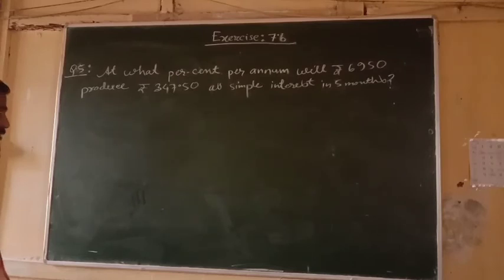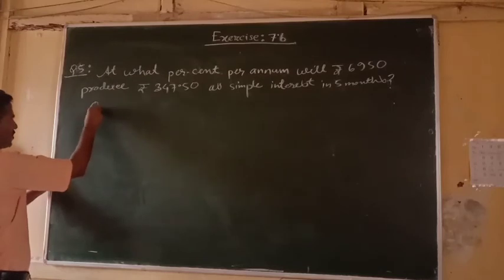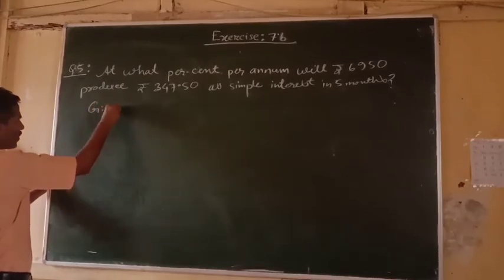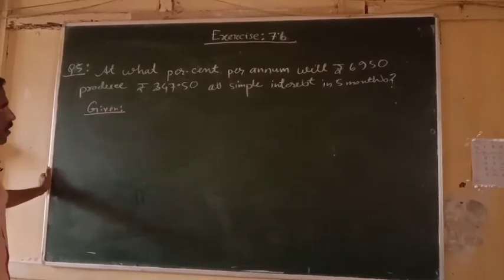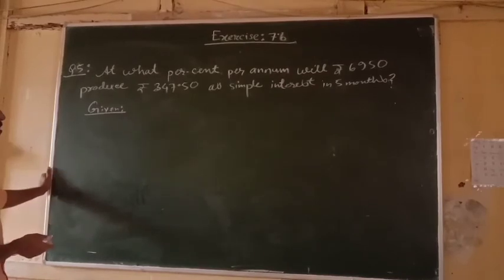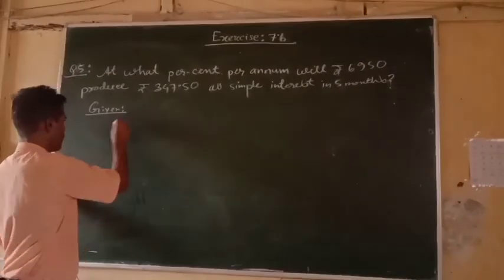Let us first see what inputs are given in the question. Rupees 6,950 is the given principal.